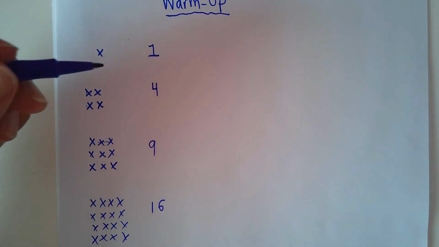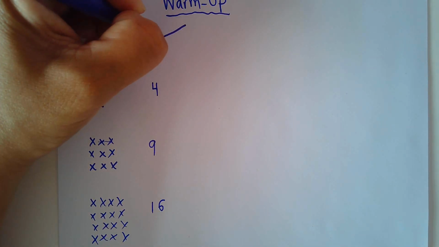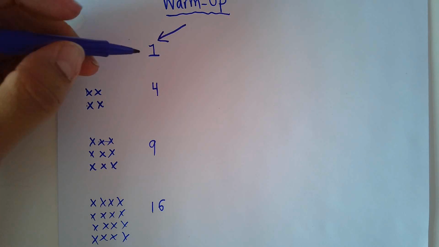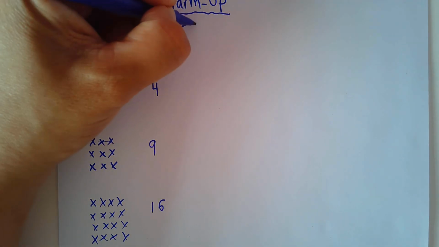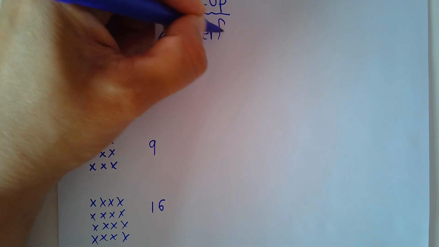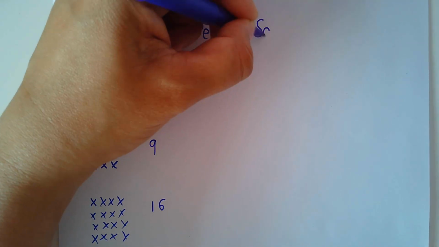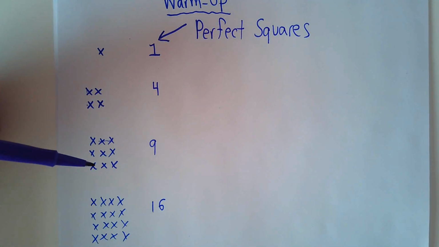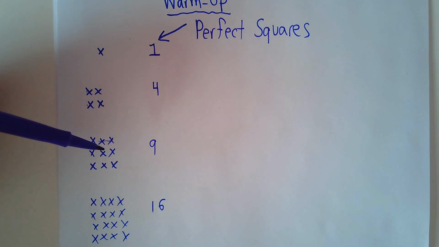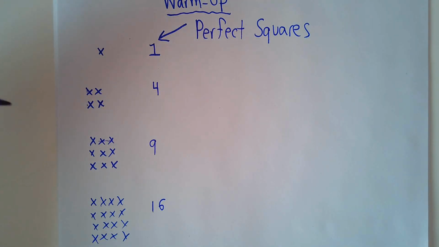So these numbers here, they discovered, were numbers that made perfect squares. So they were called perfect squares because that's what they did. If we took 10 pebbles, for example, we could not arrange 10 pebbles to make a perfect square. We could arrange them to make a triangle, but not a perfect square.